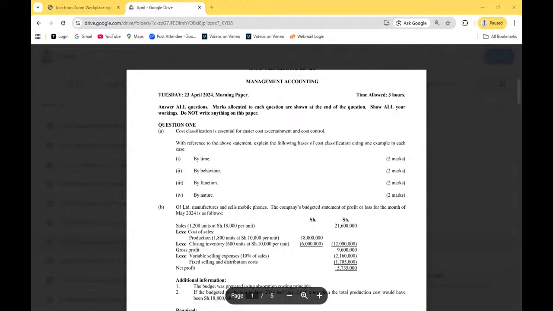Classification of cost based on nature. So we have material cost. We have overhead. What else do we have there? We have overheads. Okay.